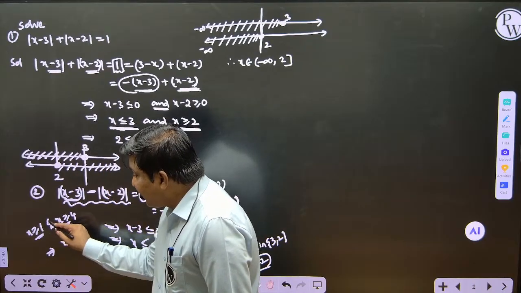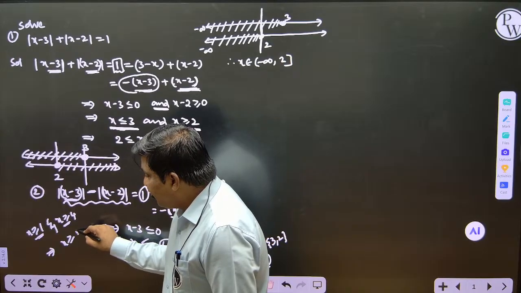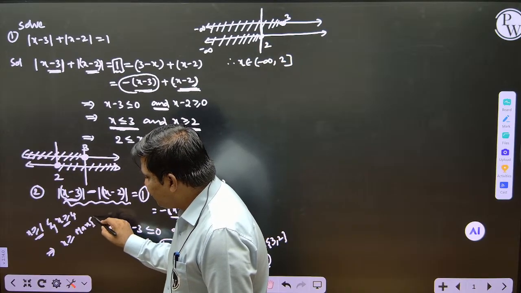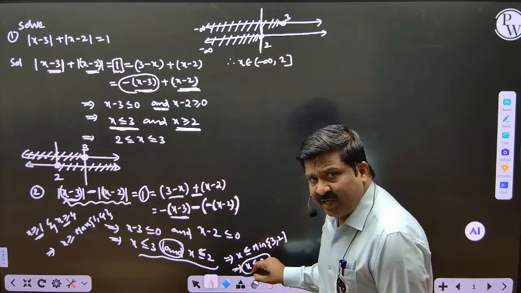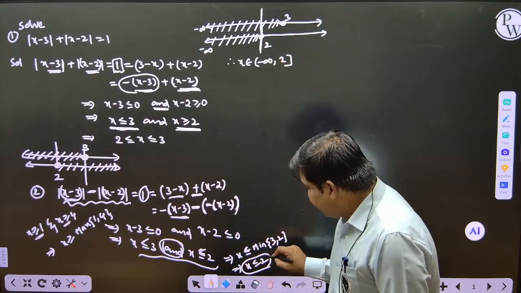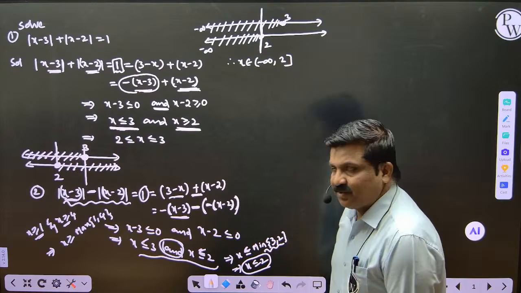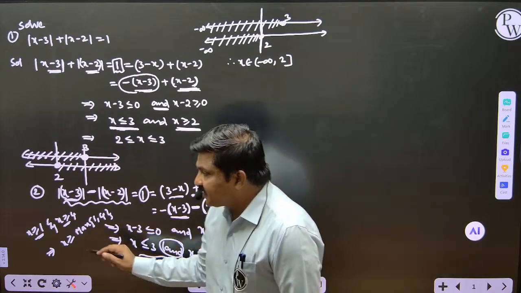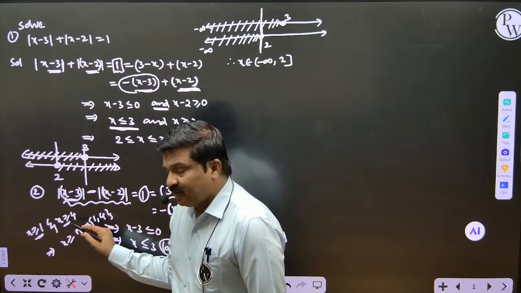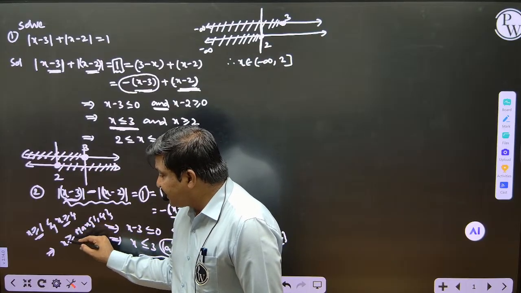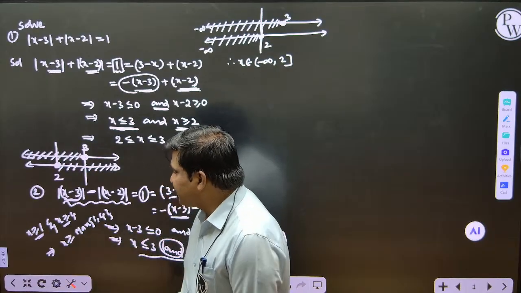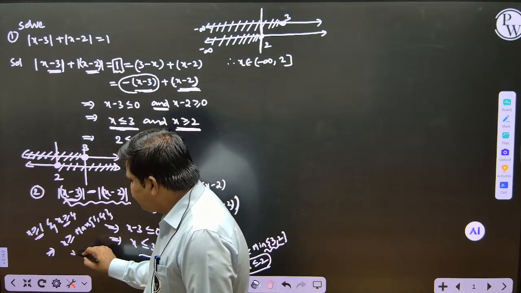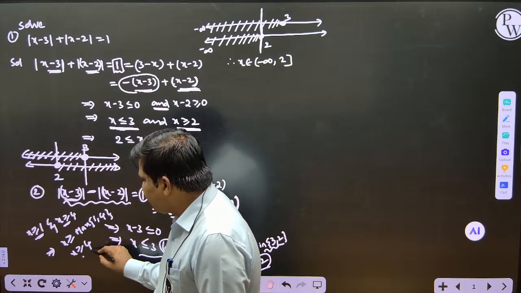Because of greater than or equal to type, here you must take the maximum of these two numbers. But in the previous case the inequality was less than or equal to type, that's why I took the minimum of those two. Here the inequalities are greater than or equal to type, so the resultant is also greater than or equal to type, but you must take the maximum of these two. What is the maximum of these two? 4.